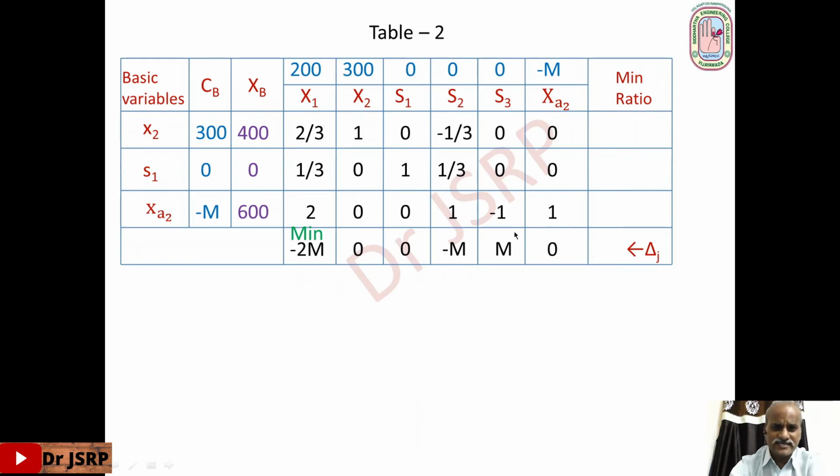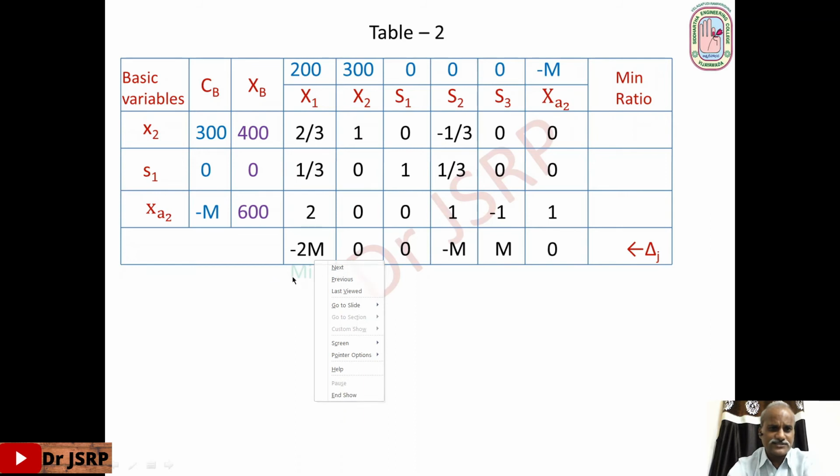So here observe the delta j values. Here the M coefficient is minus 2. Here the M coefficient is minus 1. So all delta j are not greater than or equal to 0. So the present solution is not the optimal solution. So we can improve the solution. First find the entering basic variable. Consider the minimum of the negative values of delta j, that is minus 2M, minus M. The minimum is minus 2M.